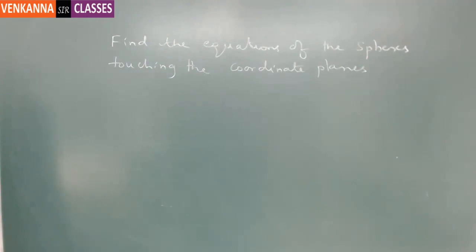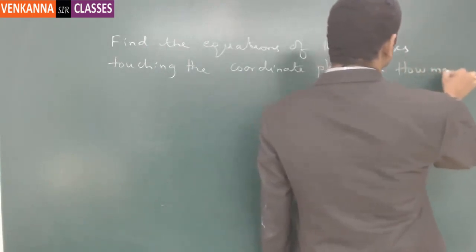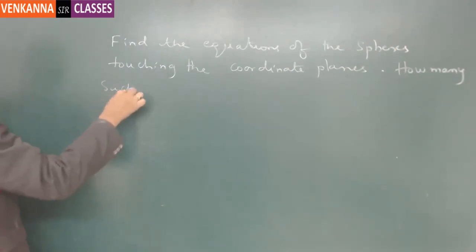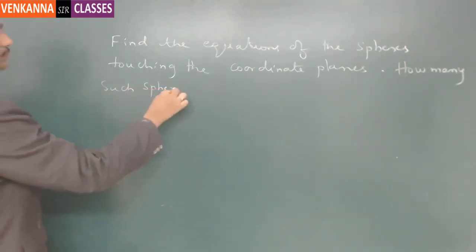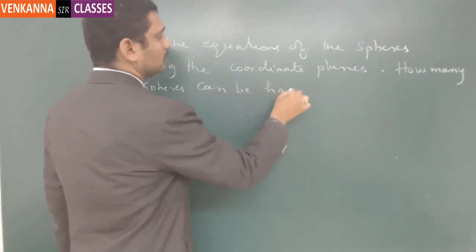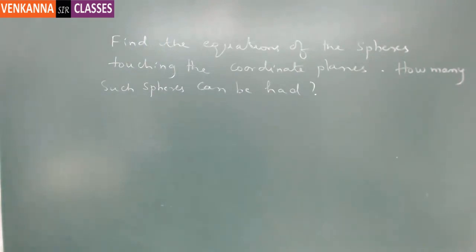How many such spheres can be had? This is something interesting, and it will be very easy if you have a good visualization. So please take a note of that, then we discuss it.